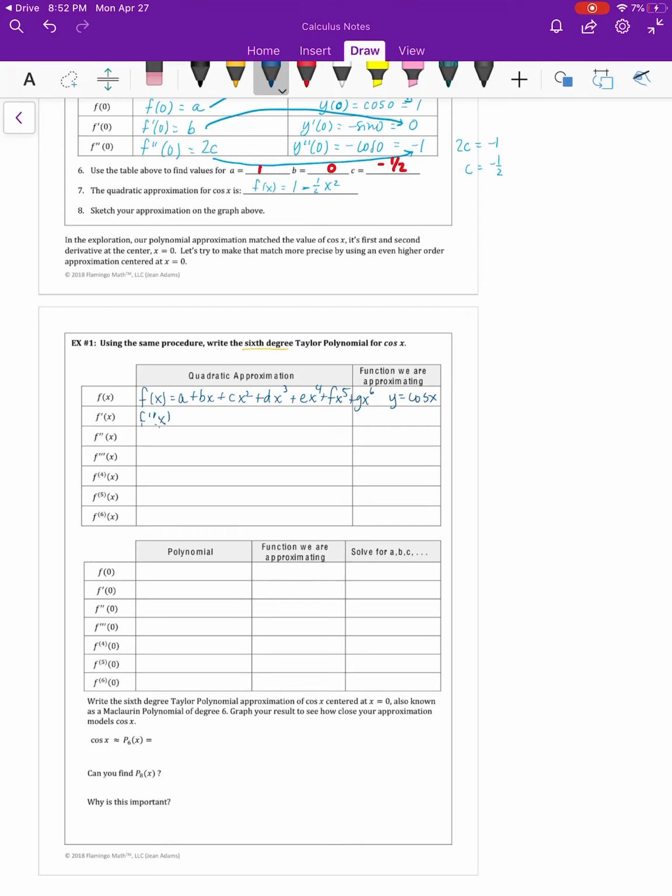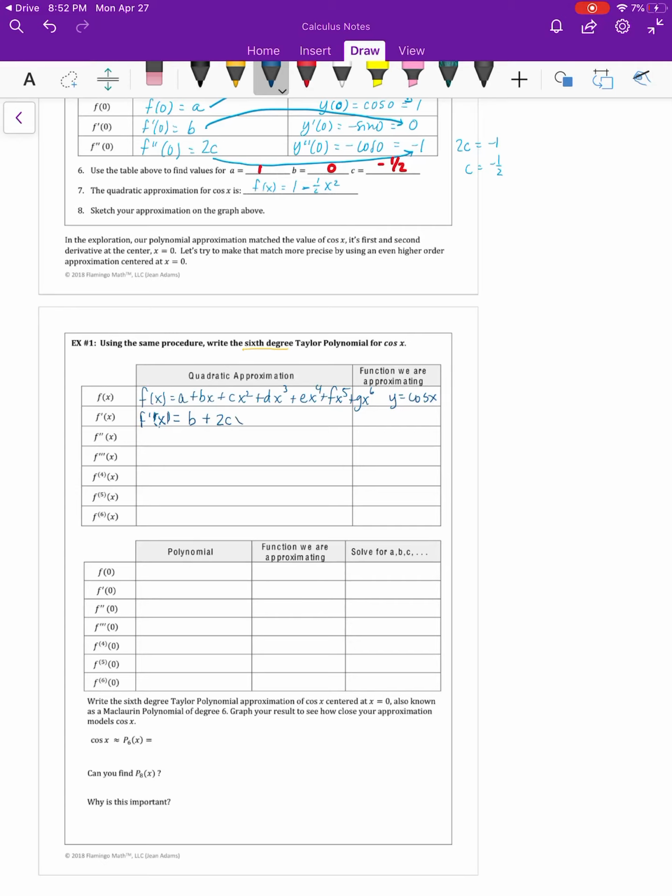And now, if we take the derivative of this 6th degree, we're taking the first derivative. The derivative of the constant a is 0. The derivative of the linear term is just the coefficient b.